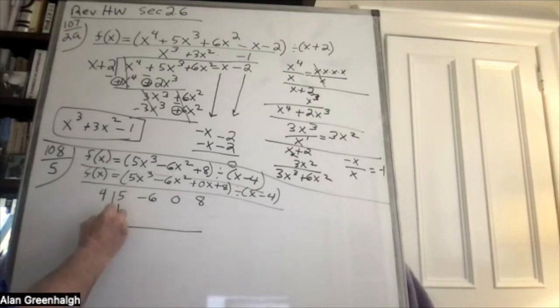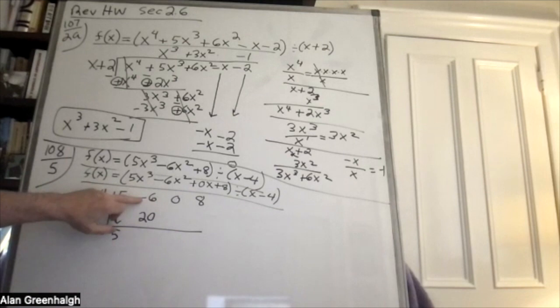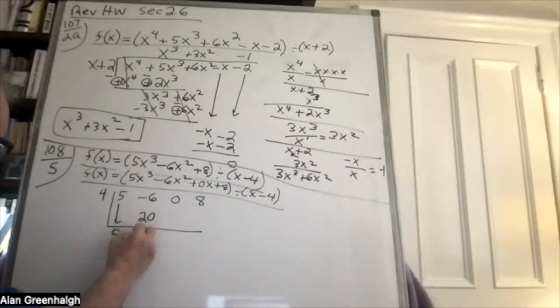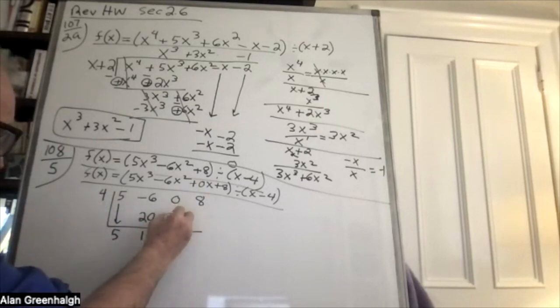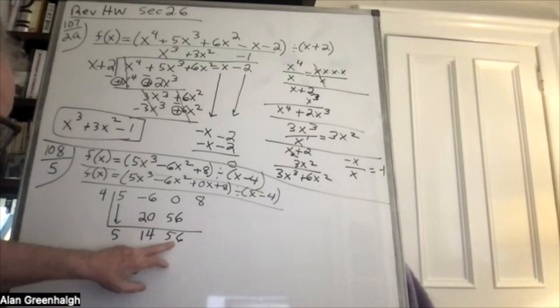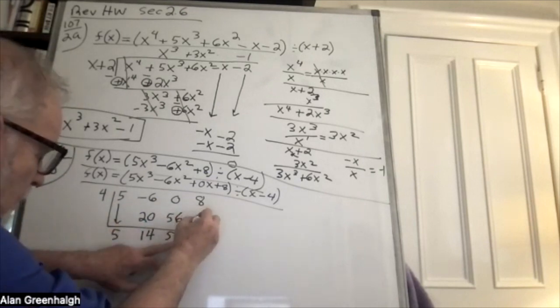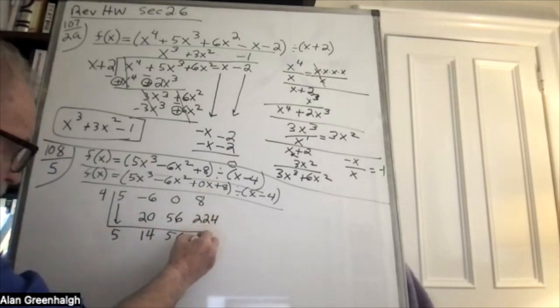Bring down the 5. 4 times 5 is 20. -6 plus 20 is 14. 4 times 14 is 56. Oh, this is just terrific. 4 times 56 is 224. I mean, sometimes it doesn't work out exactly. So this becomes over here 232.